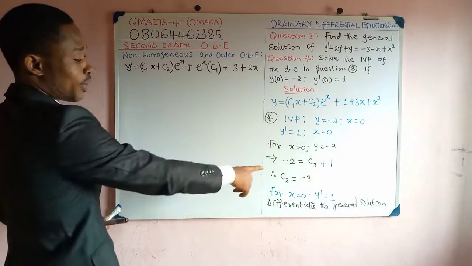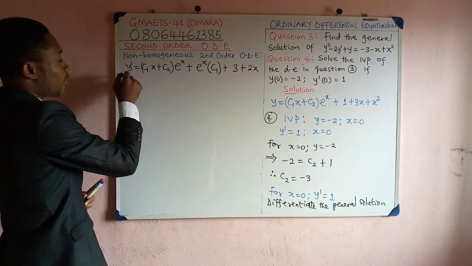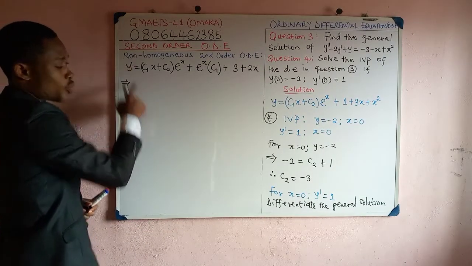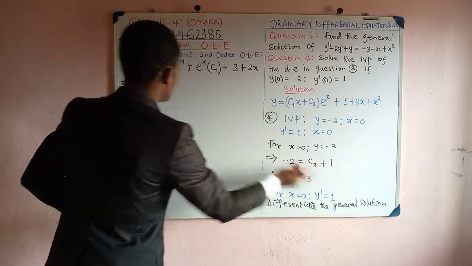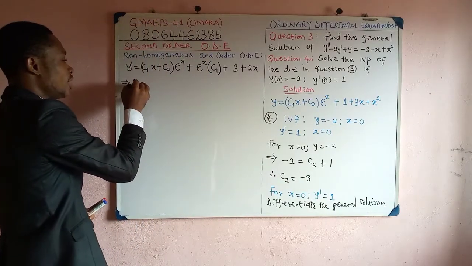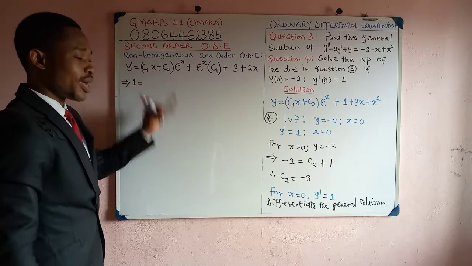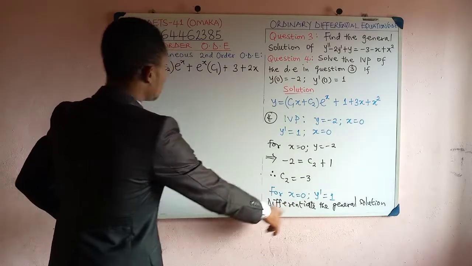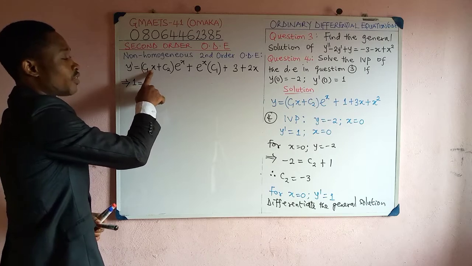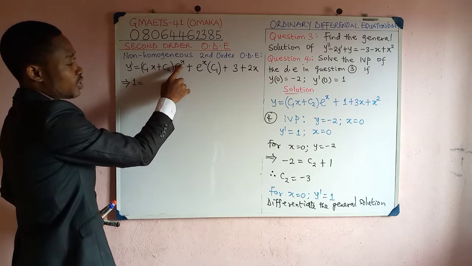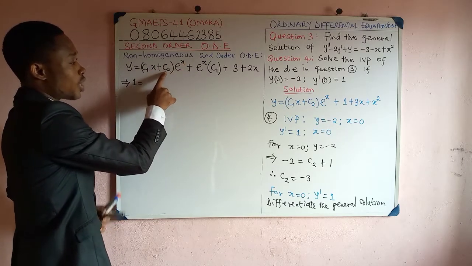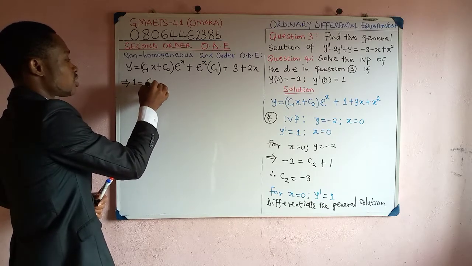We shall now apply the condition. It implies that y prime, the value given to us, is 1, so I will fix in 1 there. And that will be equal to c1 times x. What's the value of x? x is 0. 0 times c1 gives us 0, it goes off. Fixing in 0 here, you have exponential 0, which is 1, times c2, that's going to give us c2.